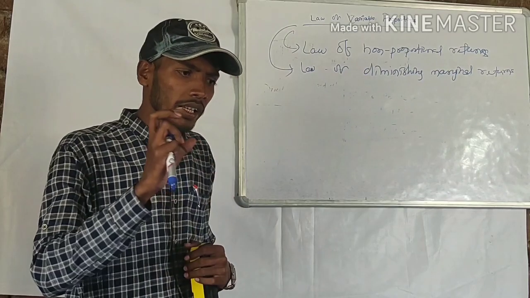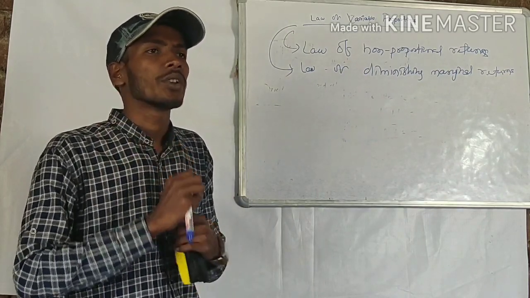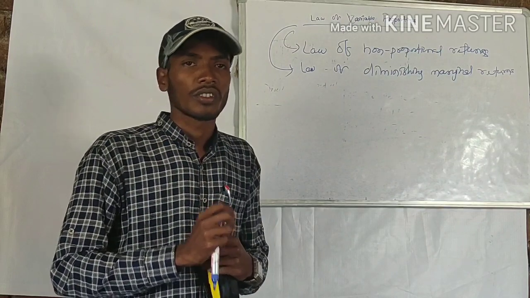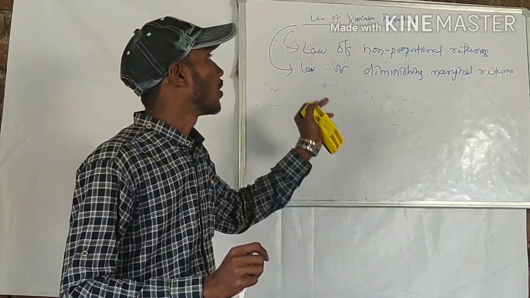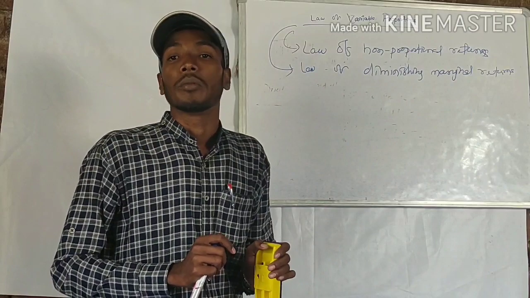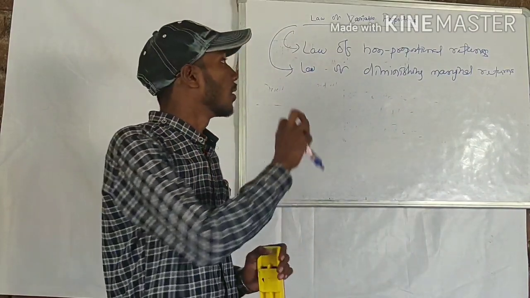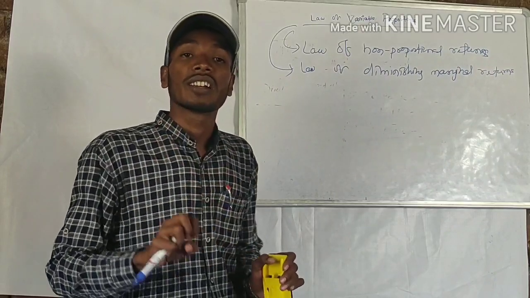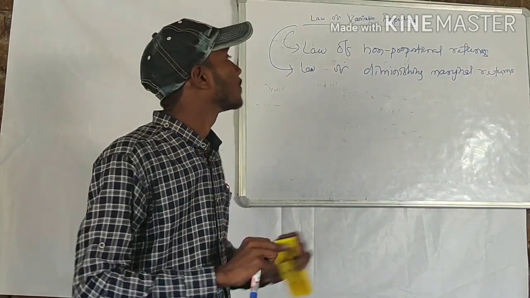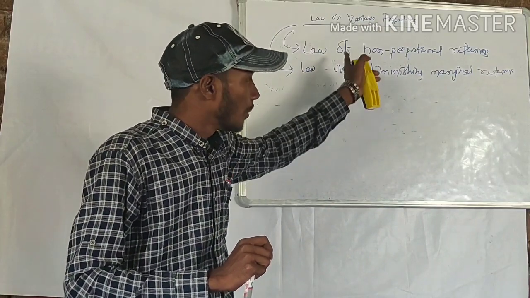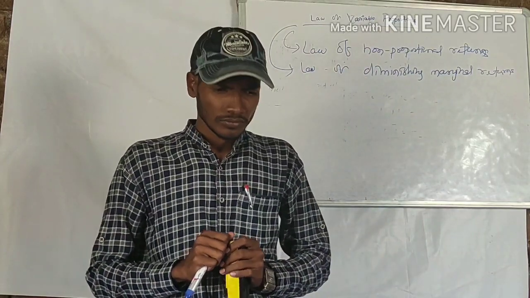That means in the case of the Ricardian theory of rent and the Marshallian theory of production function, they used the law of variable proportion, or law of diminishing returns. They formulated their laws out of this law of variable proportions.